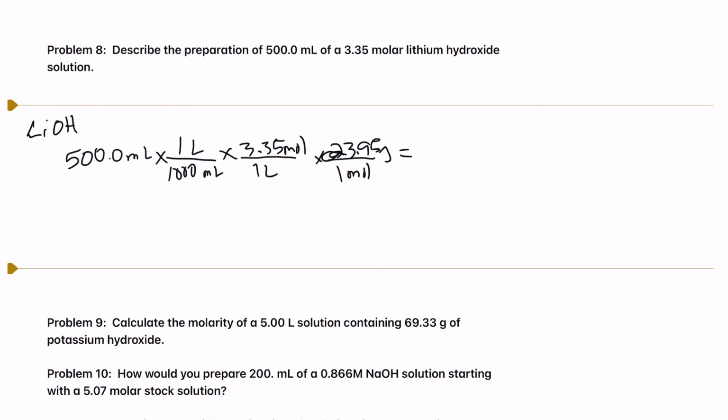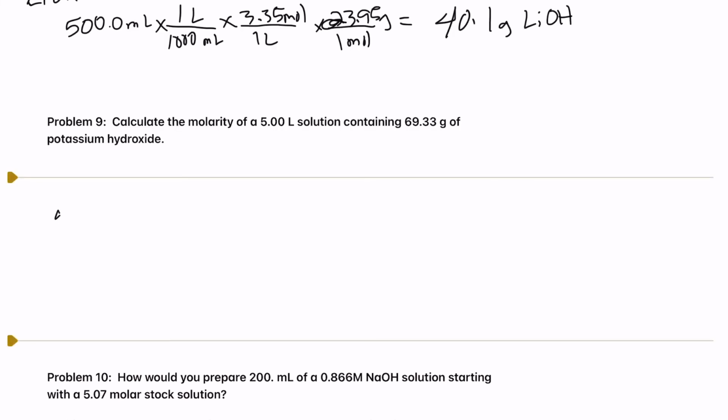So now we're going to figure out exactly how many grams here we should be looking at in order to create this 500 milliliter solution. And to 3 significant figures, we have 40.1 grams of lithium hydroxide. So if I was describing how to prepare the solution, I would say I'm taking 40.1 grams of solid lithium hydroxide, and I'm going to add distilled water to it until I reach 500 milliliters.